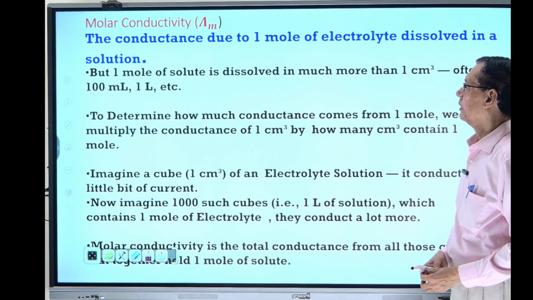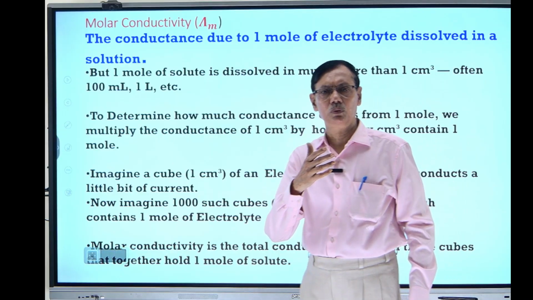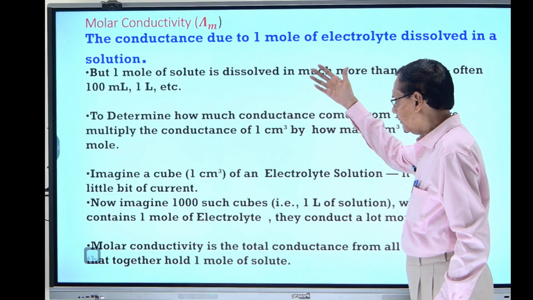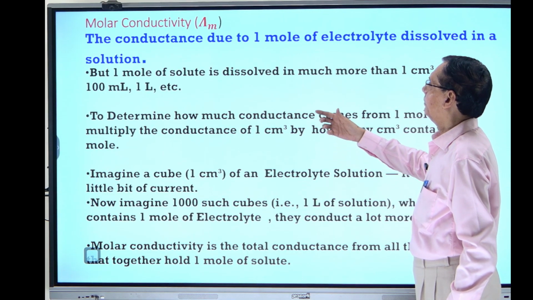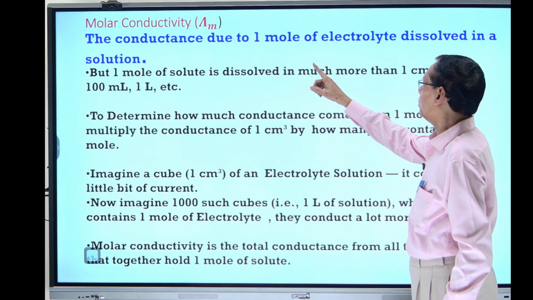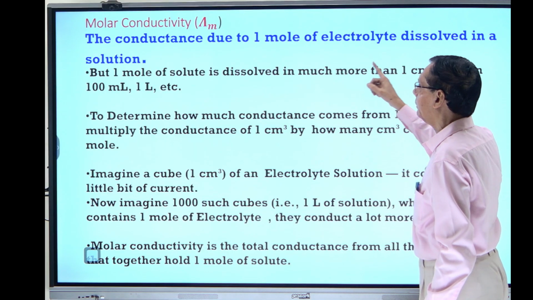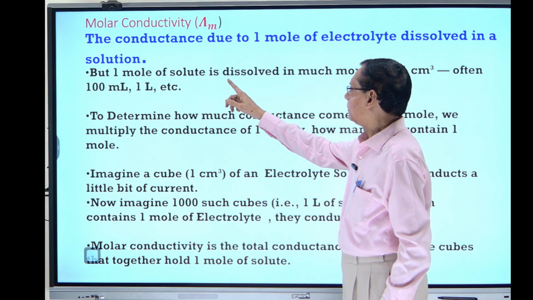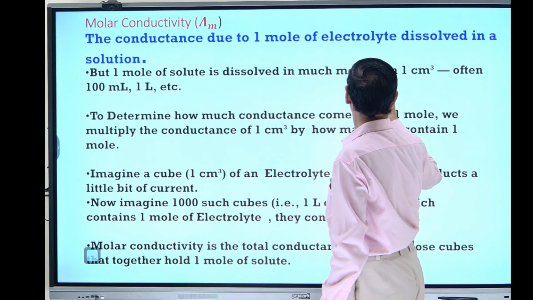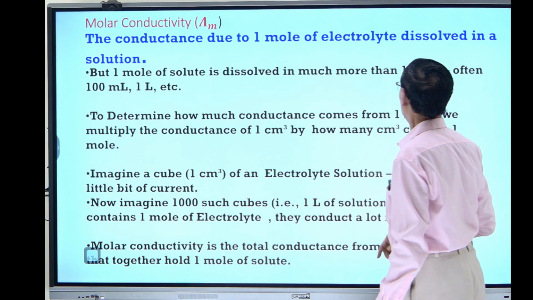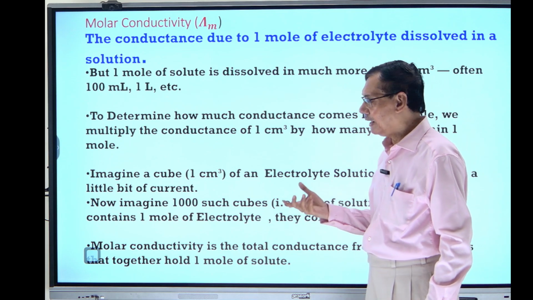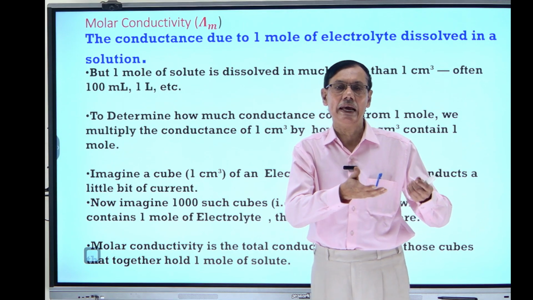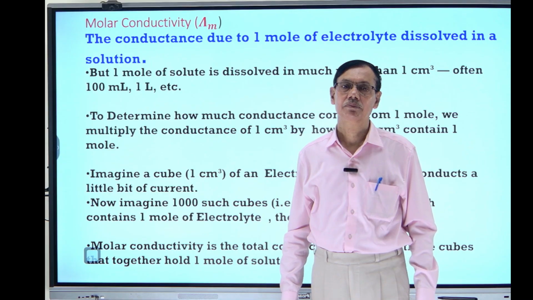Sometimes students don't understand, so I am just repeating the same thing. The conductance is due to 1 mole of electrolyte dissolved in a solution. But 1 mole of solute is dissolved in much more than 1 centimeter cube, often 100 ml or 1 liter, or just 10 ml dilution like that.